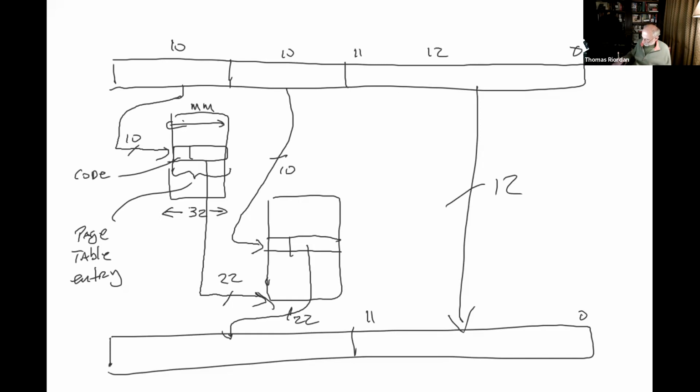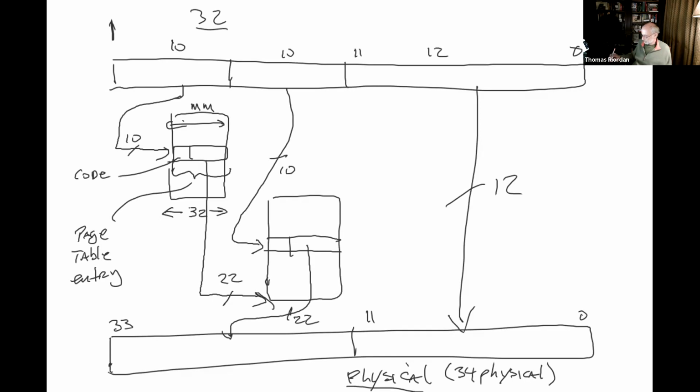And our physical memory here is 0 to 33. So we have a 34-bit physical memory. And this is a key point, that the virtual memory is only 32 bits, our standard virtual memory, but it can map to a physical memory that's bigger than that.